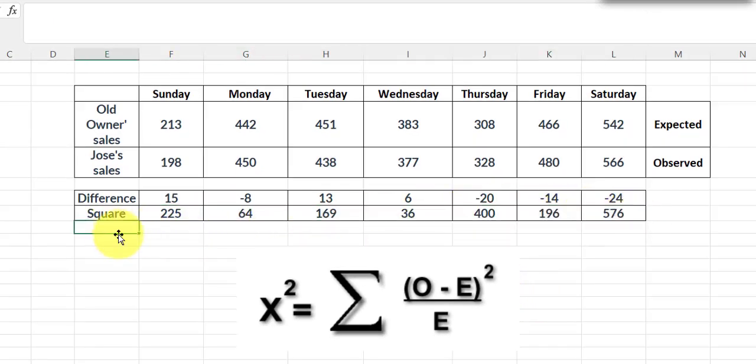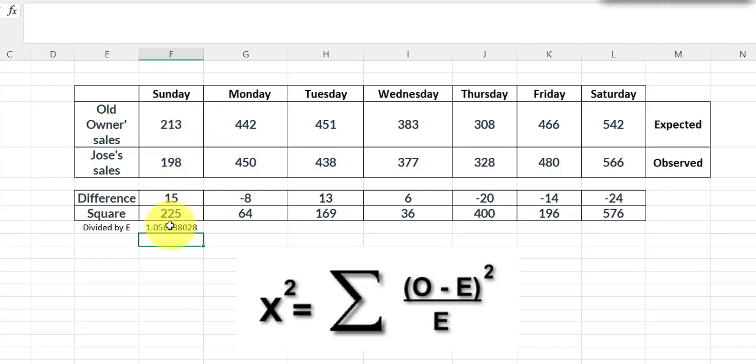Now the last thing is we're going to divide it by the expected value, divided by E. So we pick that cell, go to the function bar, type in equals, and I want this 225 divided by, which is a slash underneath the question mark, by what the expected value was, which was the original one, right? It's that one.